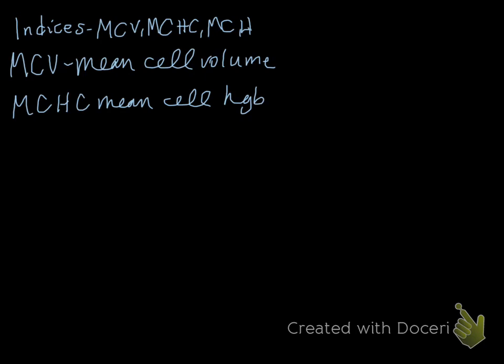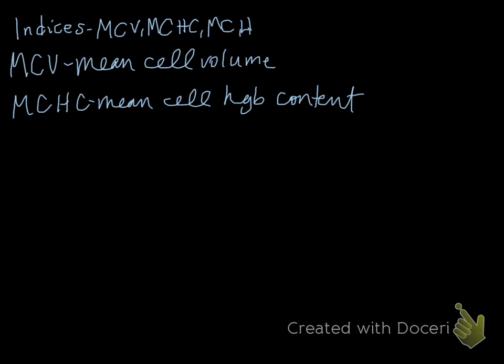I'm going to abbreviate hemoglobin. And so that's just a measure of the hemoglobin content of the average of all of the red blood cells. Again, it's a mean. MCHC is similar to MCH, but it's not as useful, so we don't really use MCH. So we're actually going to mostly ignore that when we look at our CBCs.